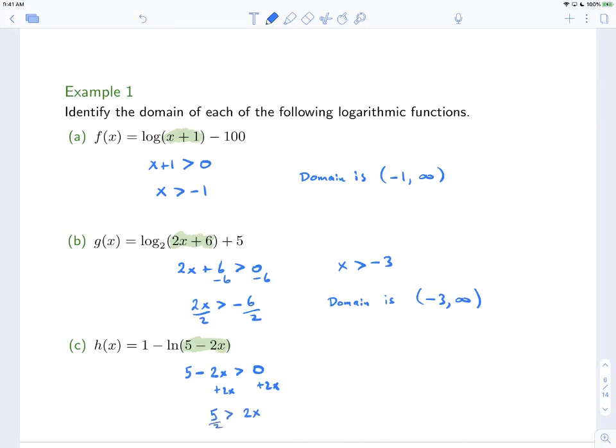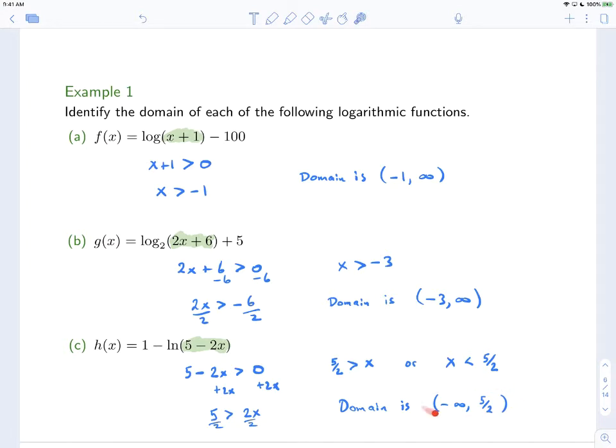Now we just divide by 2, and we get that 5 halves is greater than x, or, if you prefer, x is less than 5 halves. So in that case, the domain is the set of all x values such that x is less than 5 halves. That means it's negative infinity to 5 halves, not including the endpoint.